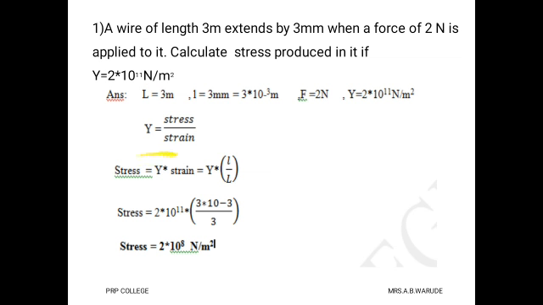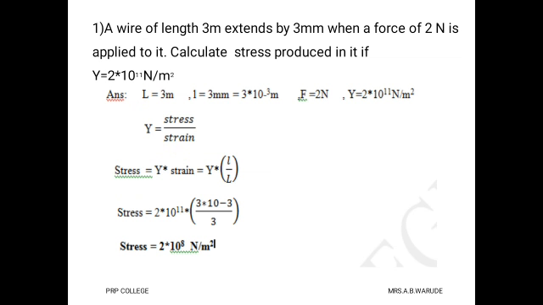Therefore, we use the formula Y equals stress upon strain. Here Y is given and we can calculate strain because small l and capital L are given. Therefore the formula becomes stress equals Y into strain, by cross multiplication.